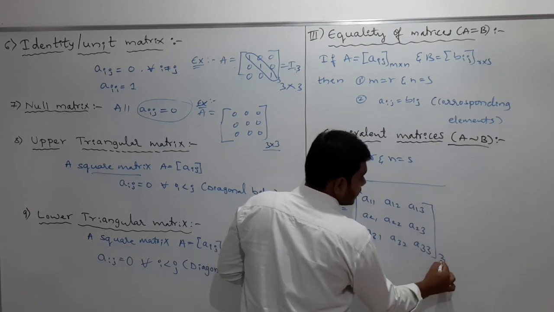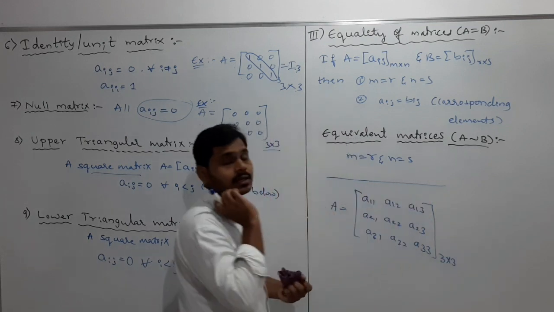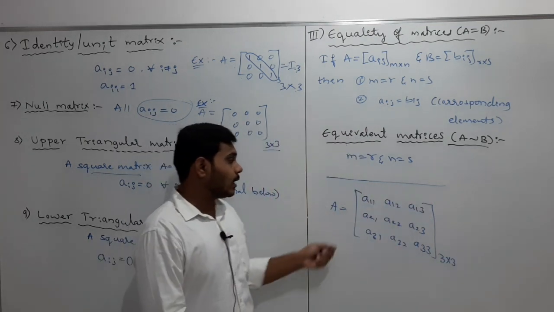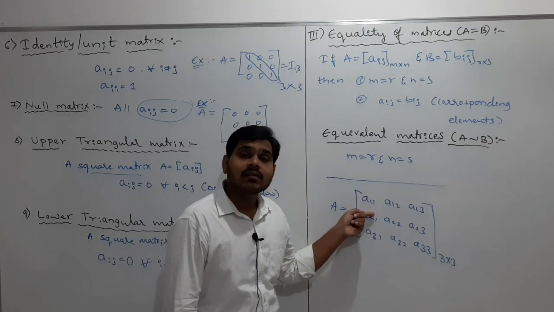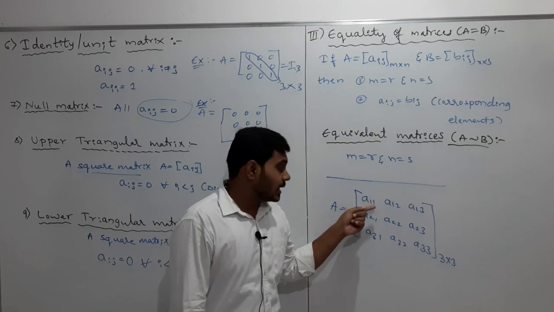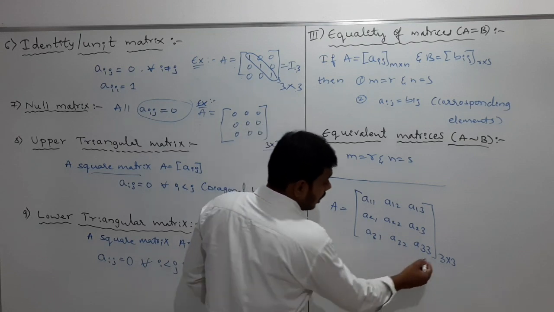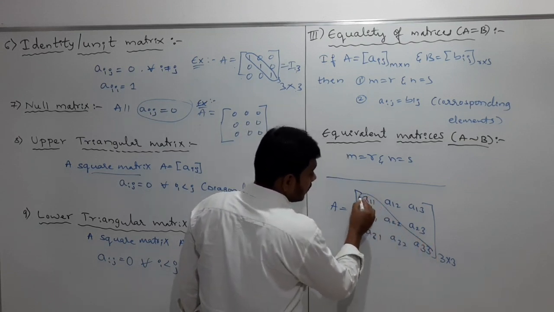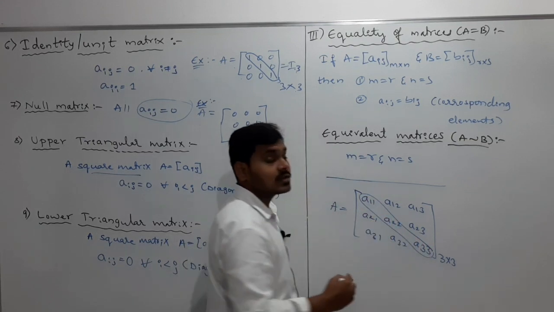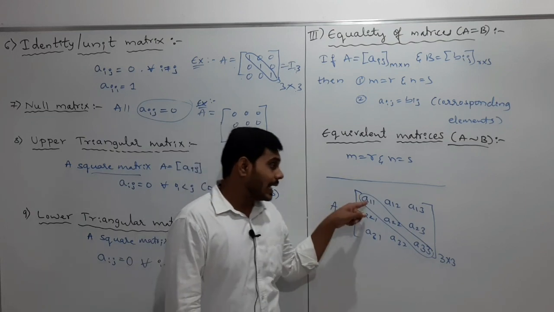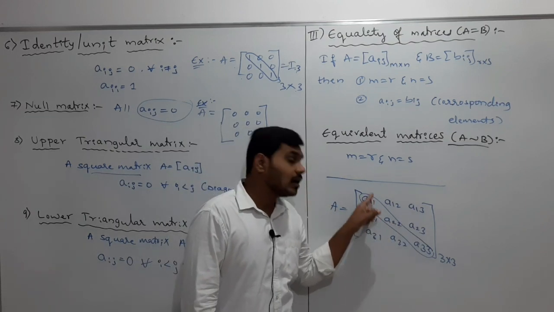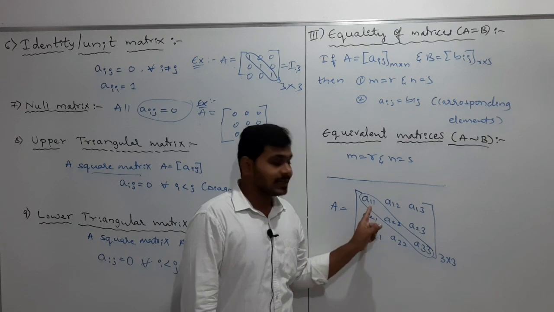So this is a matrix of the order 3 cross 3. A11, A22, A33 are the diagonal elements. And A11 means the element of the first row and first column. Like this we will write.